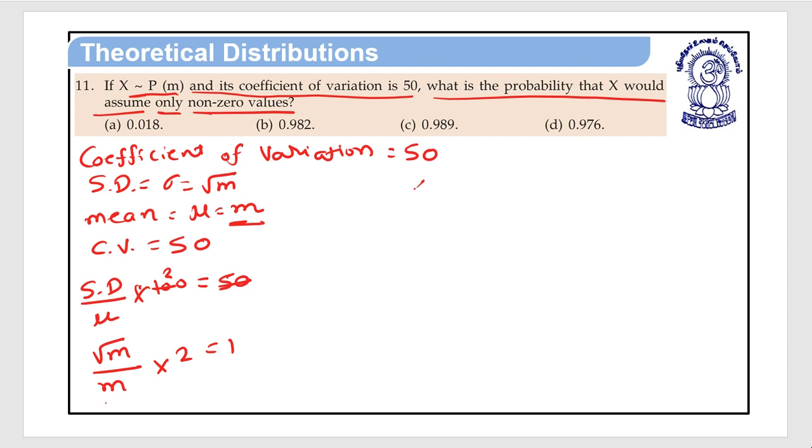So root m cancels. So 2 upon root m is equal to 1, so root m is equal to 2.